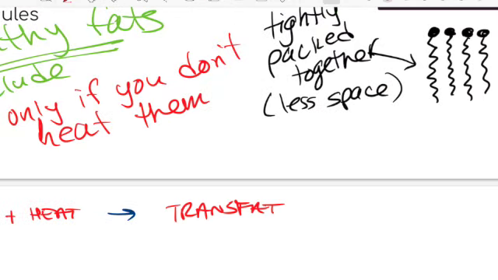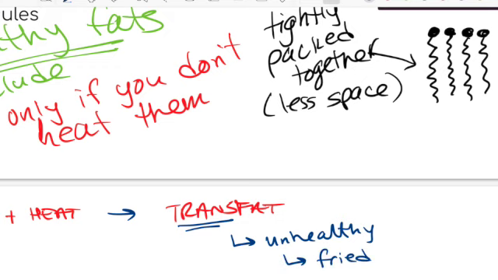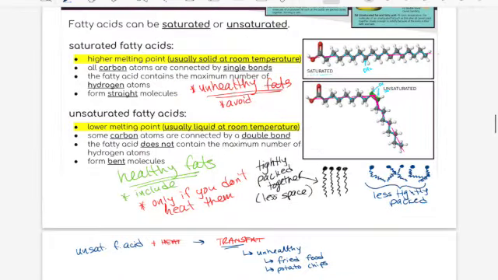And trans fats are unhealthy. Okay, and you get trans fats in things like fried food. So like fried chicken, French fries, potato chips. All these things have a lot of trans fats in them typically.